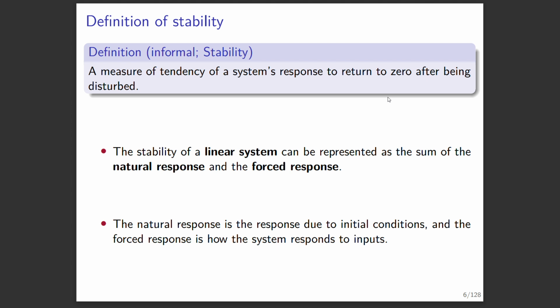The forced response is the effect of the input. So if I change the input, what's going to change is the forced response. The natural response is the response due to initial conditions. The forced response is how the system responds to the input.